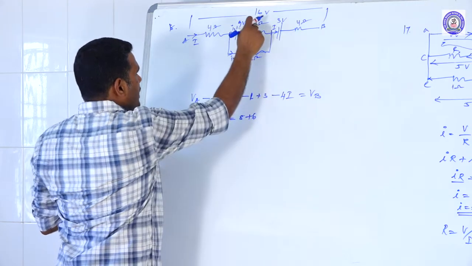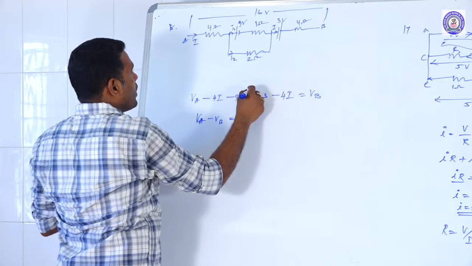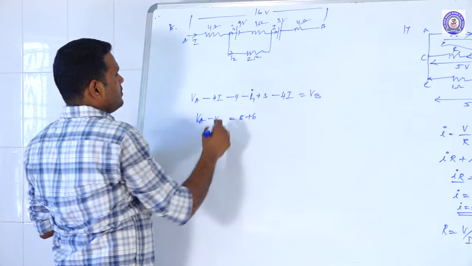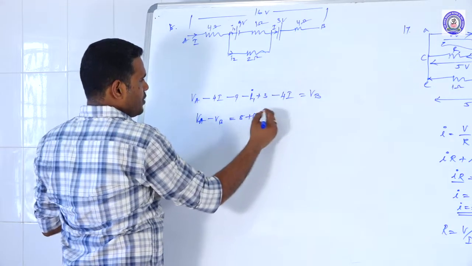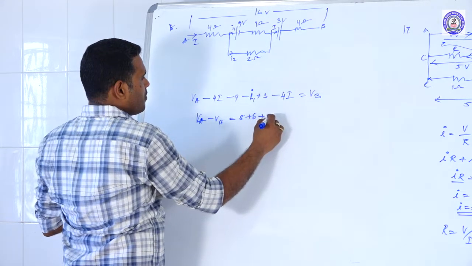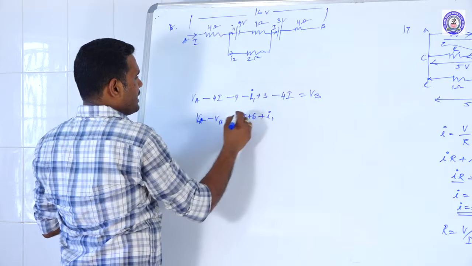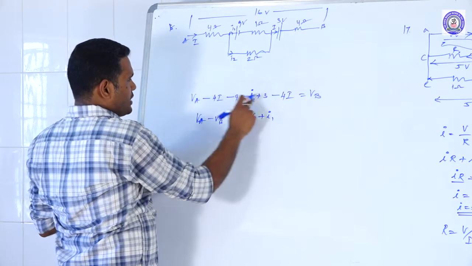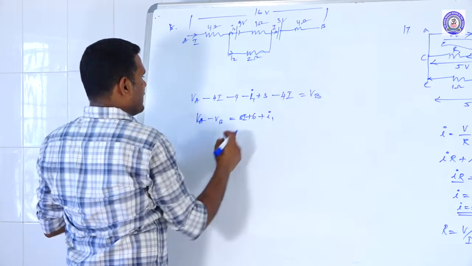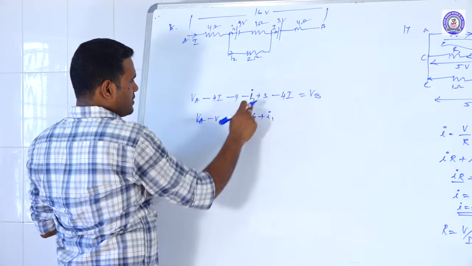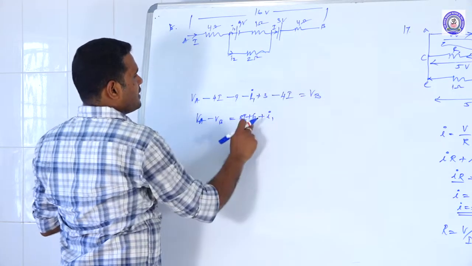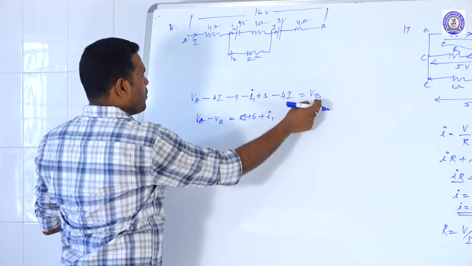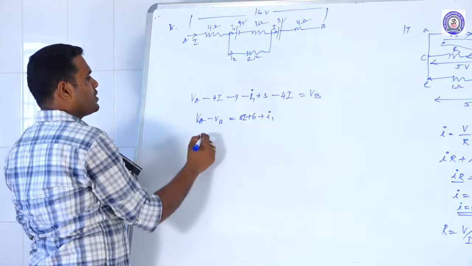So the product of current into resistance is I1. So minus I1 goes that side, so it will become plus I1. This is plus 8I. So minus 4I plus 8I, minus 9 plus 3 minus 6, plus 6, minus I1 becomes plus I1, VB coming to this side, so VA minus VB.